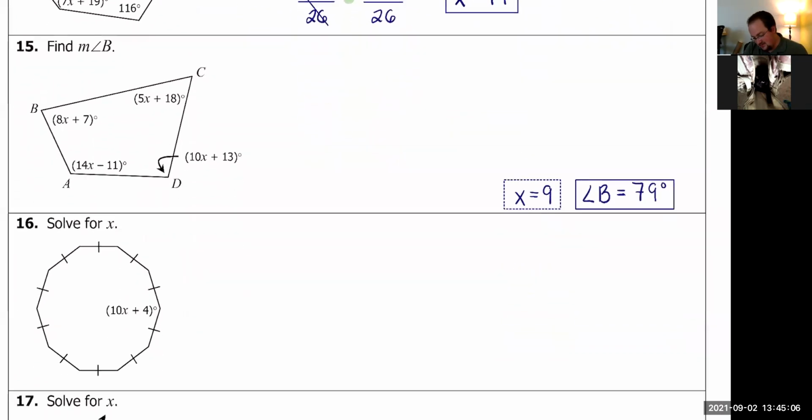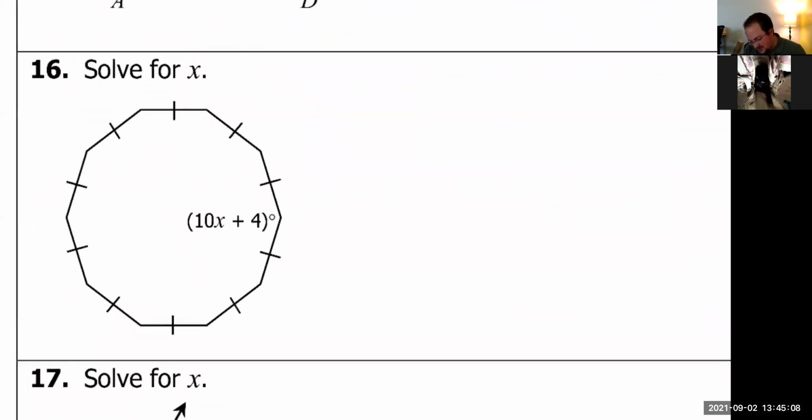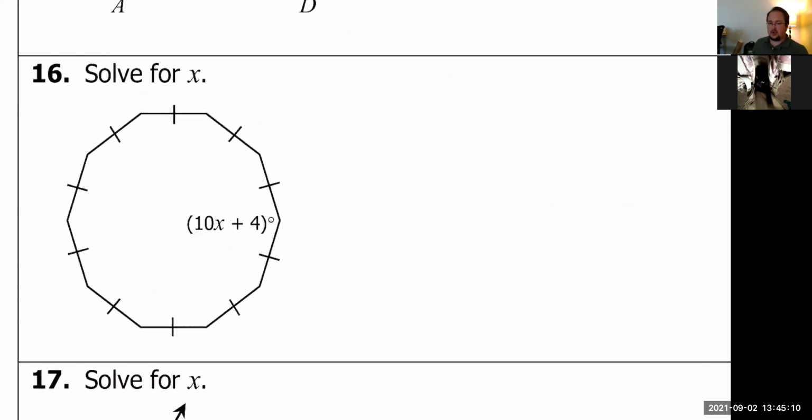Number 16 is really forcing us to use our visual cues here. It's asking us to just solve for X. And it only gives me an X in one of the angles. But what other information does it give me? It has 10 sides. Does it?